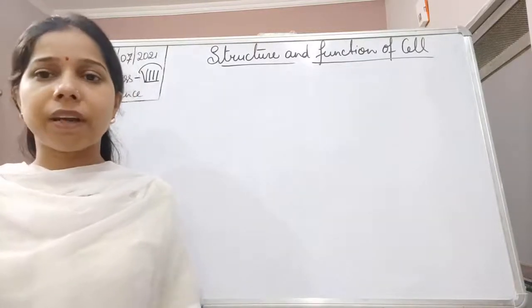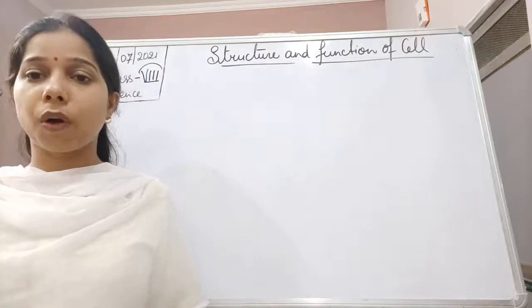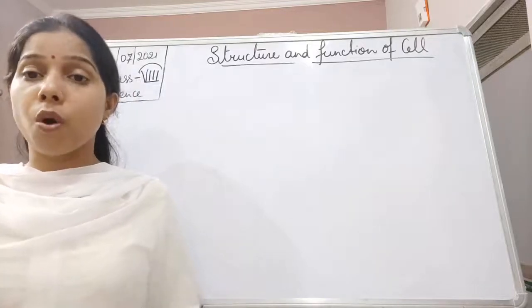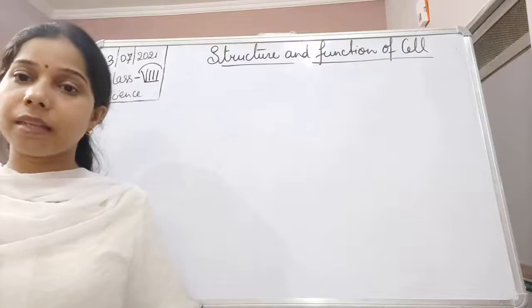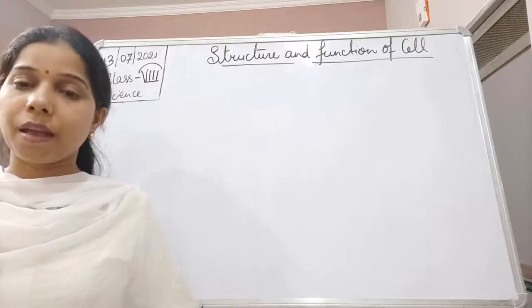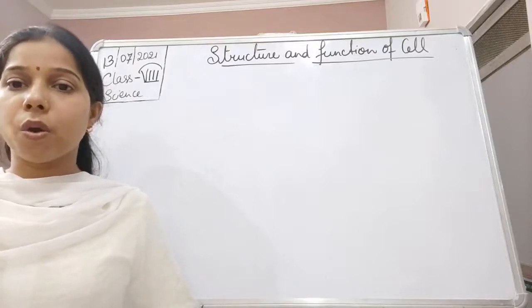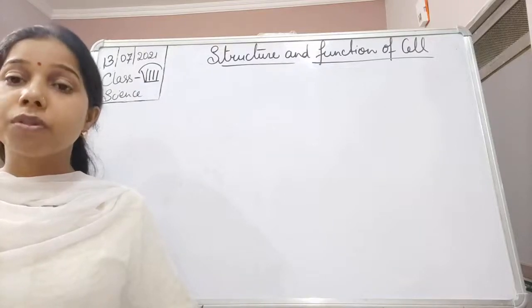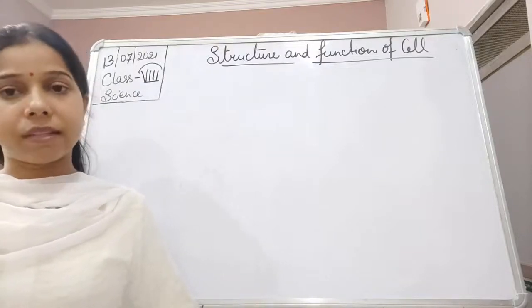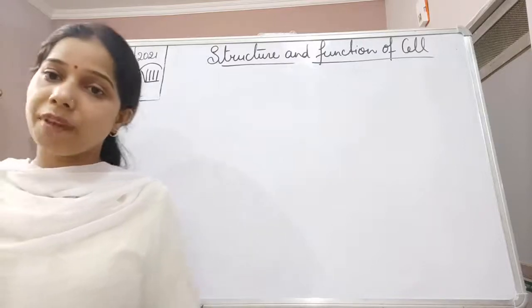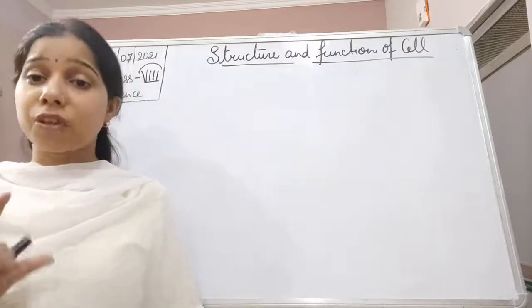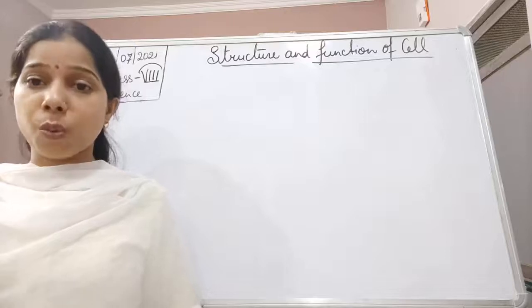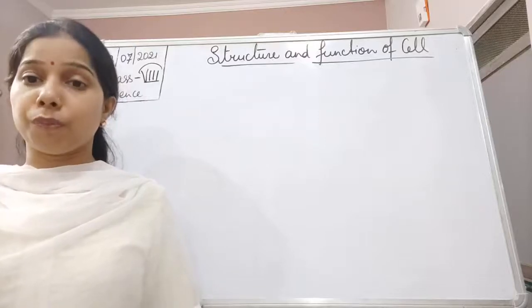You will also find a spherical body, which is called the nucleolus, inside the nucleus. Inside it there is a thin fiber called chromatin fiber. This chromatin fiber arranges itself in such a way that it forms a chromosome.